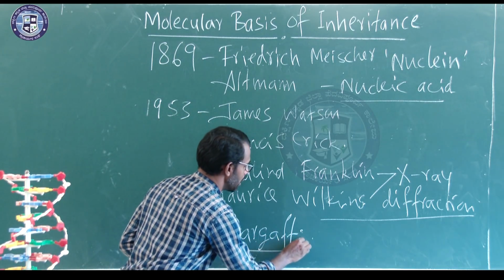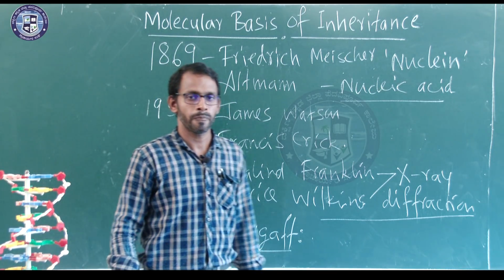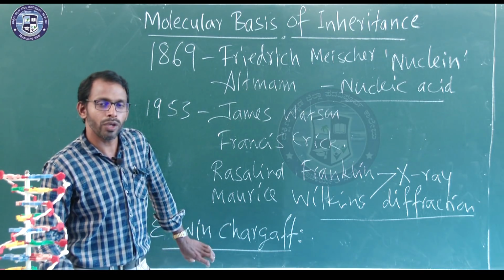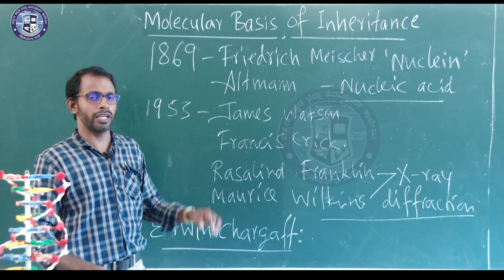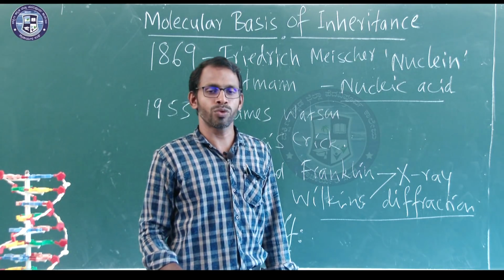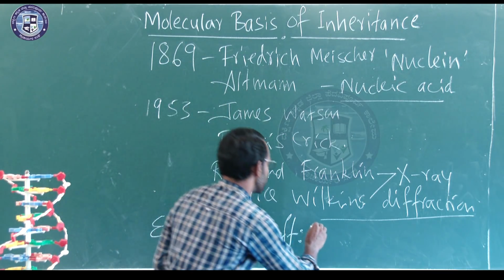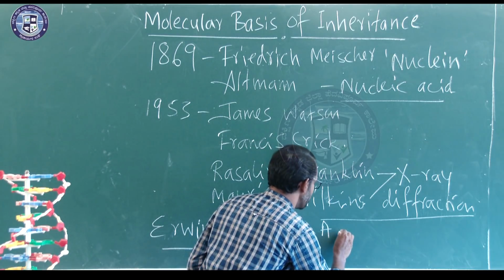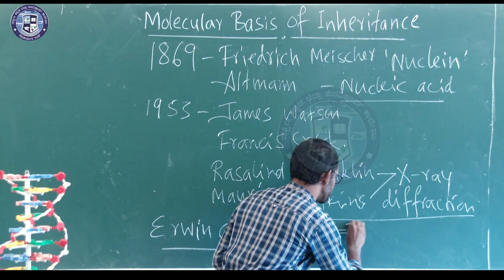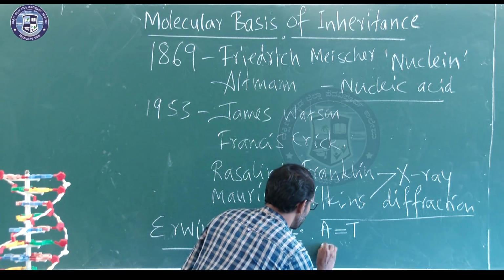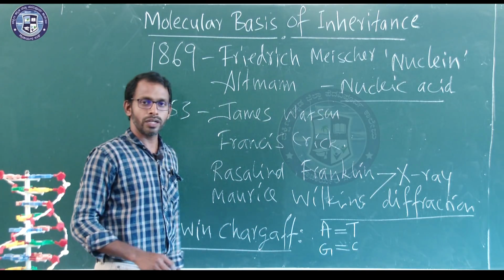What exactly did Erwin Chargaff do? He conducted a kind of biochemical estimation of the different components present in the structure of a DNA molecule, where he came to know that the proportion of adenine present is always equal to thymine, and the proportion of guanine present is always equal to cytosine.